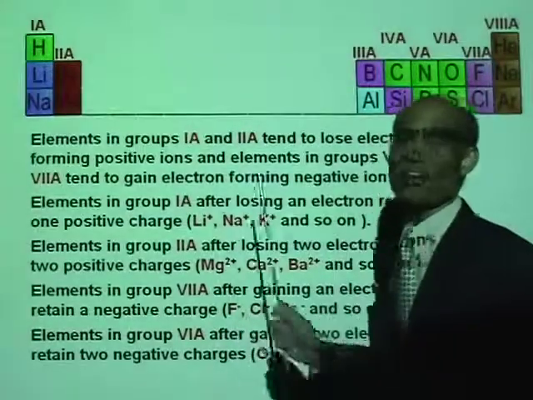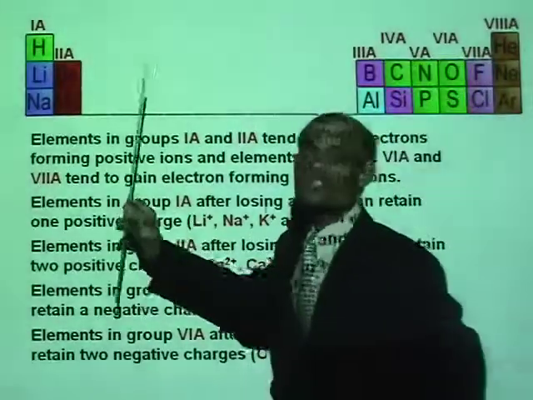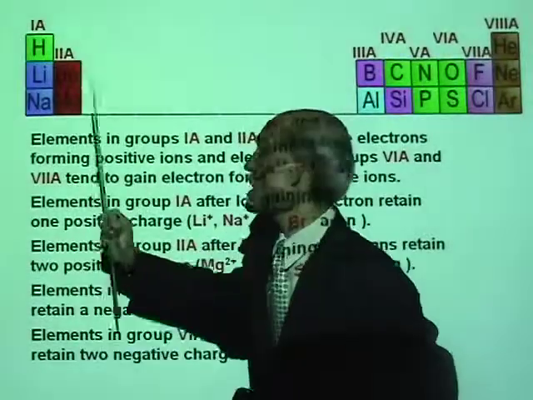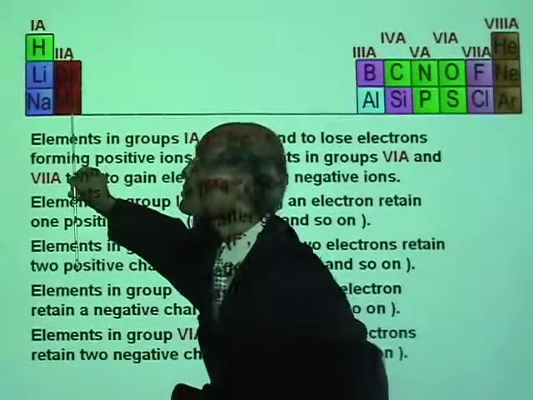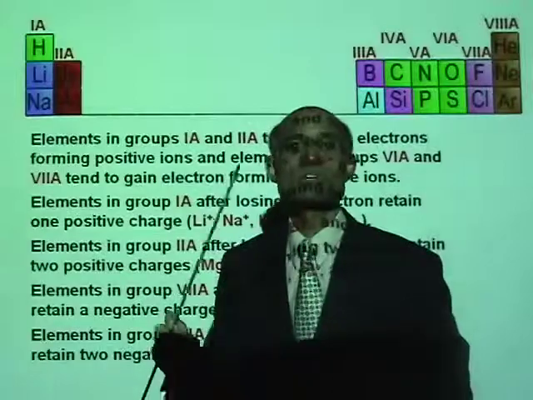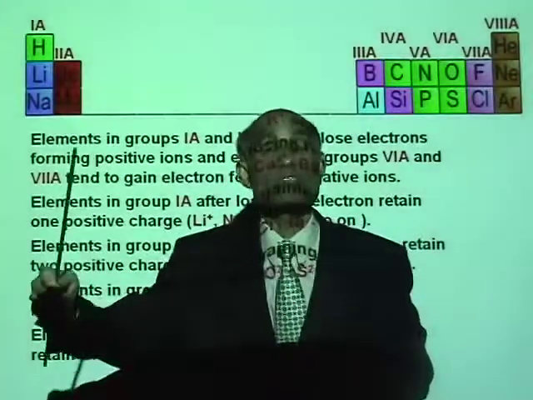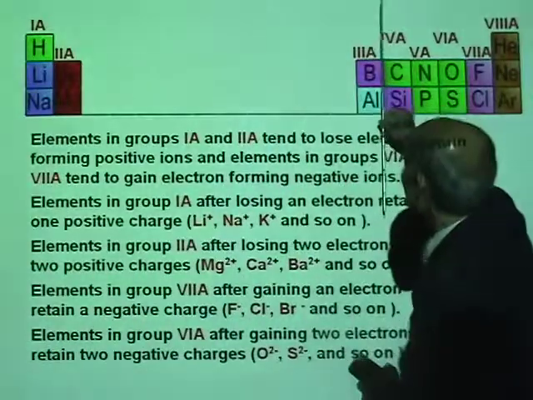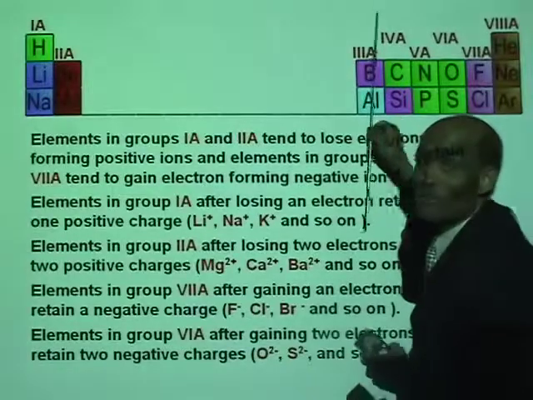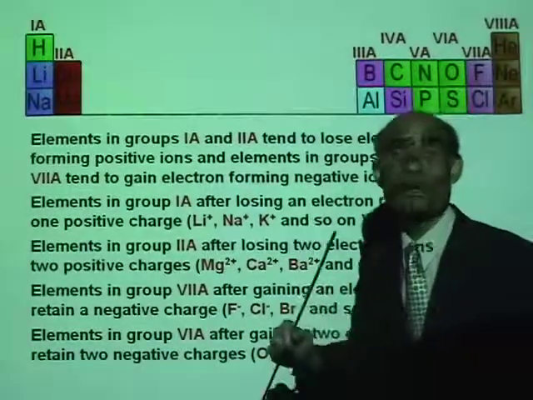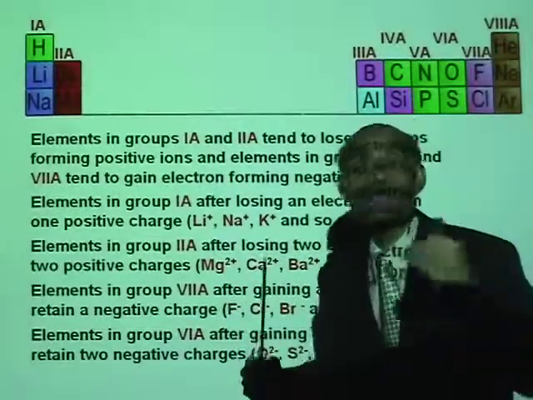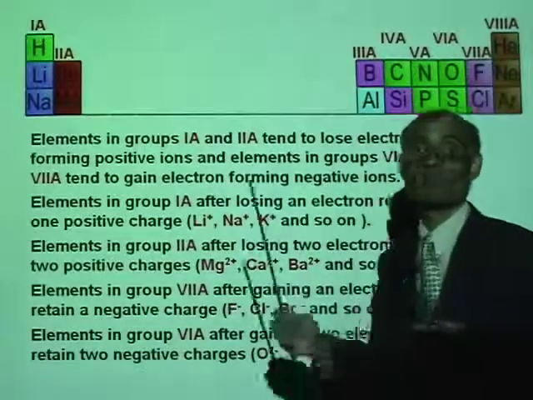So, if I now ask you, what is the charge on a group 2 element? You should be able to tell me it is 2 positive. What is the charge on a group 3 element? The charge on a group 3 element will be 3 positive.